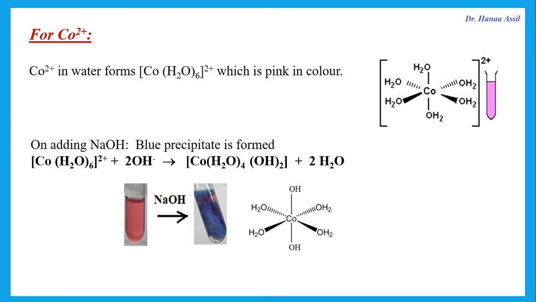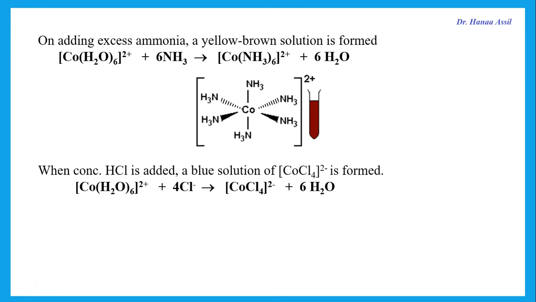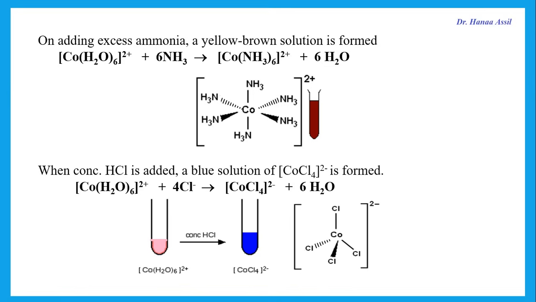So remember that adding sodium hydroxide to cobalt 2 solution changes it from pink to a blue precipitate. Now when we add excess ammonia, the cobalt with 6 ammonia is a yellow-brown solution. If we add concentrated HCl to the cobalt water complex, which was originally pink, it now turns blue, in which the cobalt is complexed to 4 chloride ions. Again, these are tetrahedral with an overall charge of 2-.